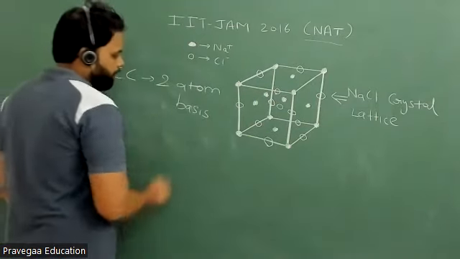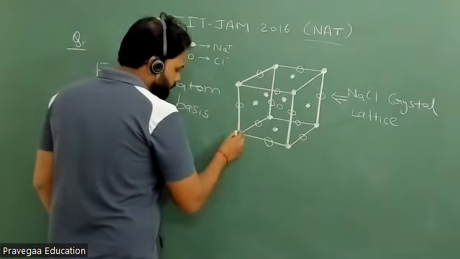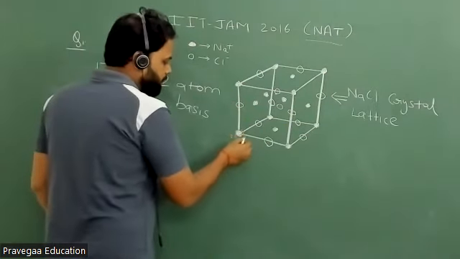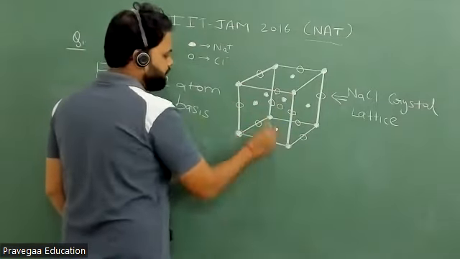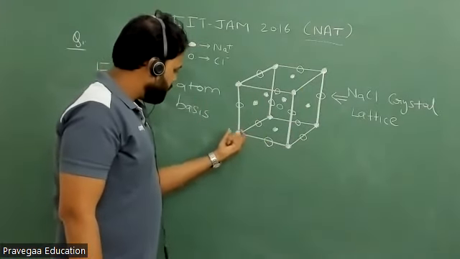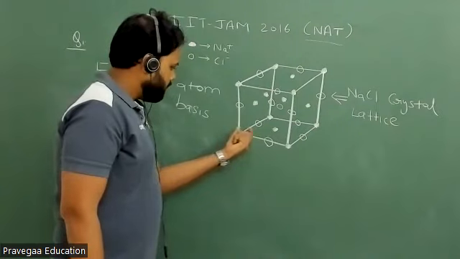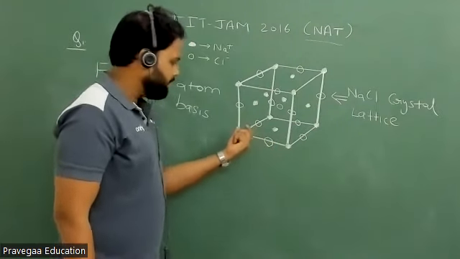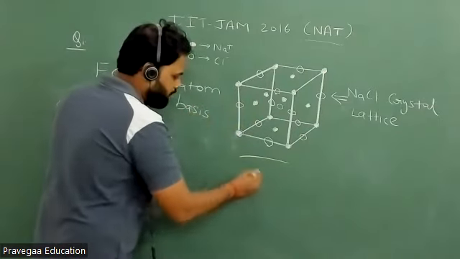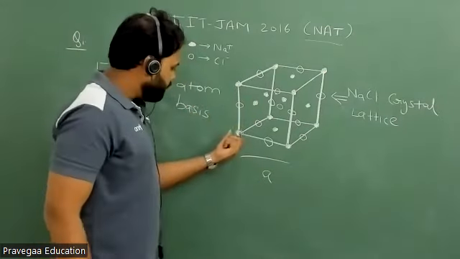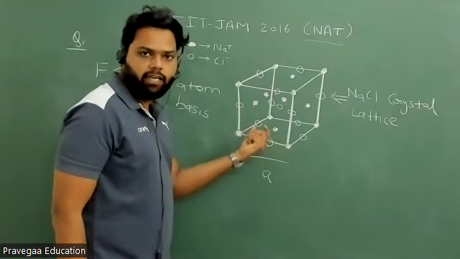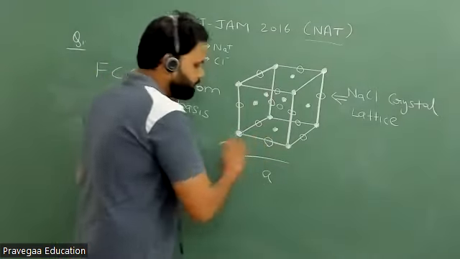If we take sodium at the corners and the six faces as the FCC lattice points, then from the sodium, the chlorine will be present at a distance of a/2. If the side of this cube is a, then the chlorine will be present at a distance a/2 at the edges.